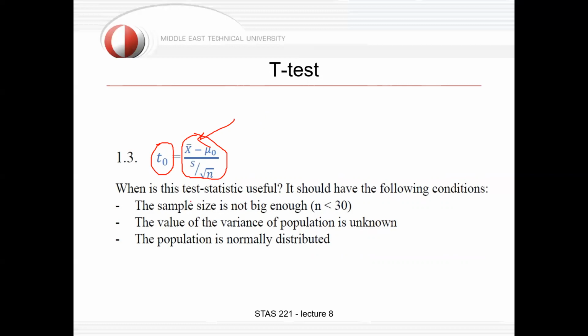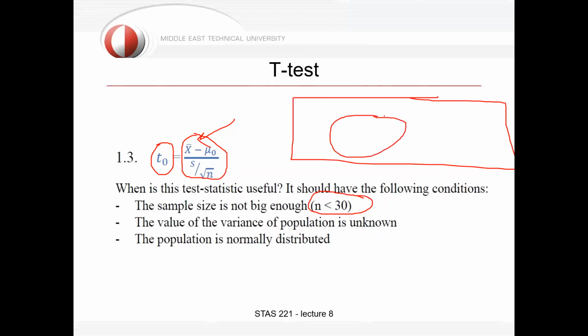Okay. So when can we use this test statistic? We should have these conditions. The sample size is not big enough, you see? You have a population and the sample size is not big enough, so I cannot use the central limit theorem. The variance of the population is unknown.